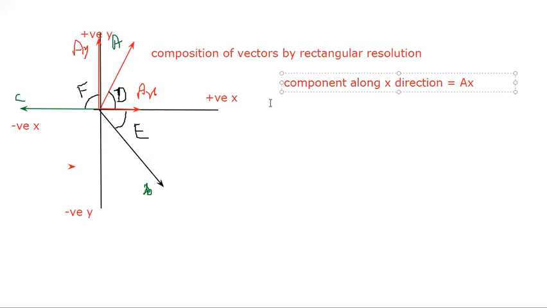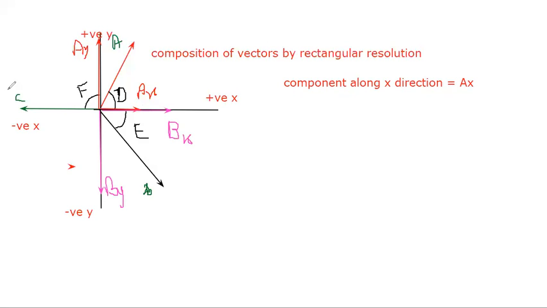One will be along the positive x-axis, and one will be along the negative y-axis. Let these be Bx and By. And the third vector is C.